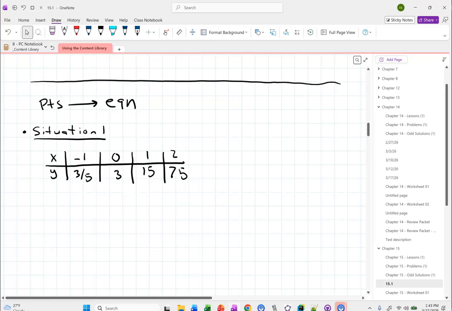The first situation, what I'm looking for is one of the x values being 0. If one of the points that I'm given has the x coordinate 0, it makes my life way easier.